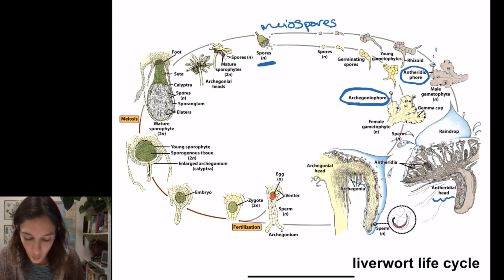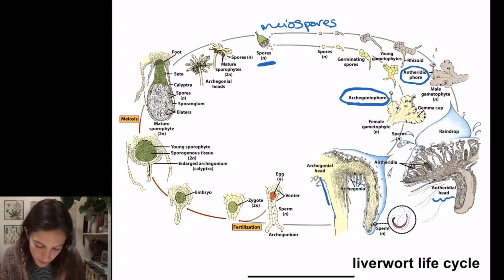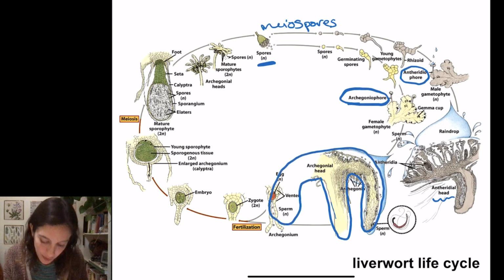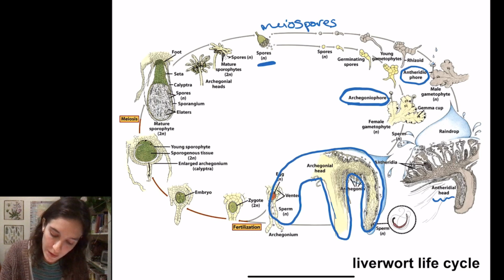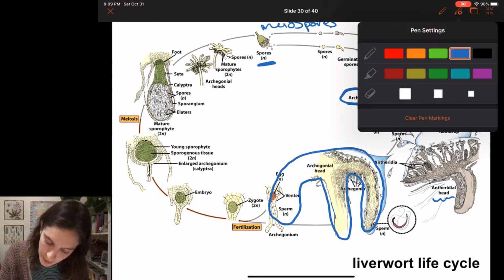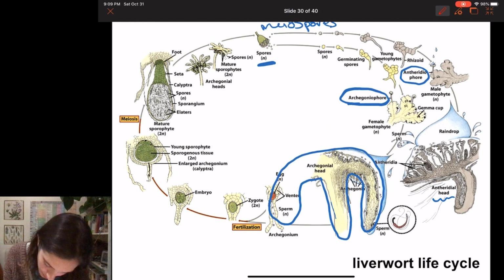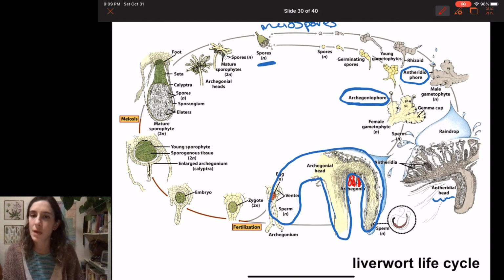Okay, what is an archegoniophore or an antheridiophore really? This is a look through one of them. Remember how it looked like a palm tree? Now this is a side view looking into one of them, as if we had X-ray vision. They've got these little structures right here. These are the structures that produce eggs, the archegonia.